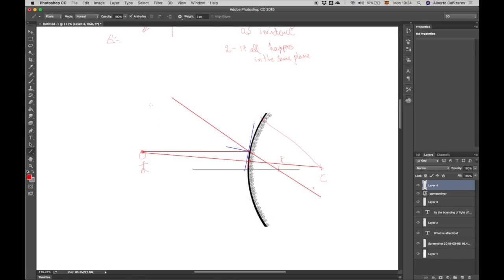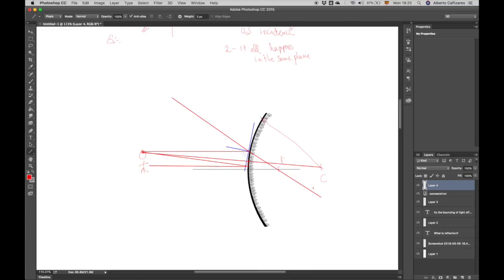Okay, now let's pick another case in which light is supposedly going to the focal point. So it will bounce somewhere, bounce around here, and your brain will think it's coming all the way straight, because as we said, it's going to go parallel.